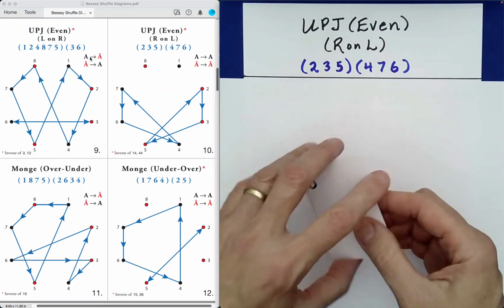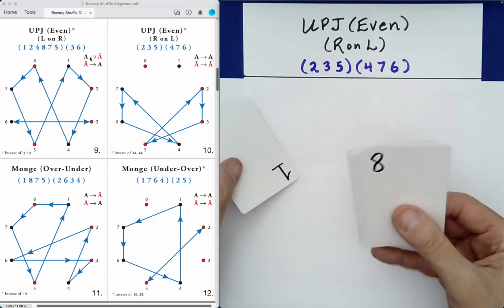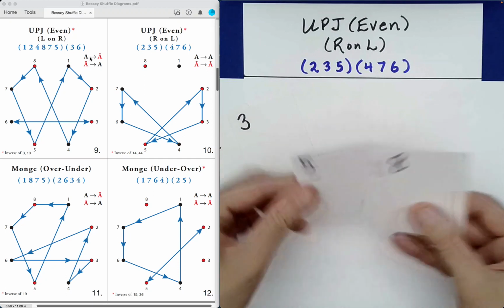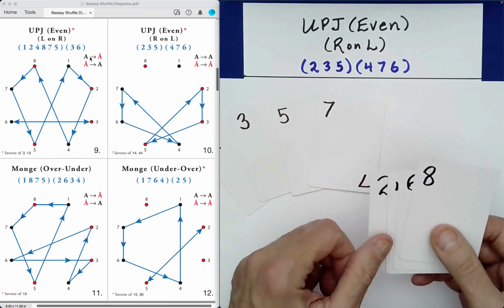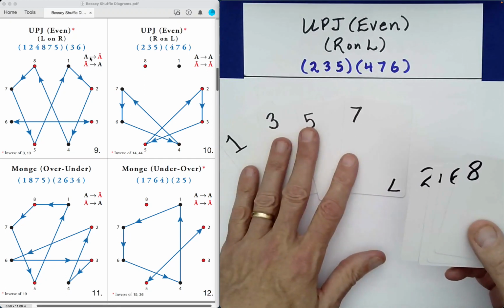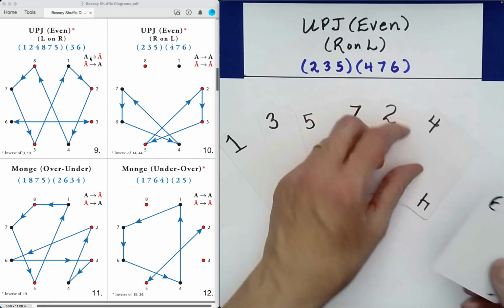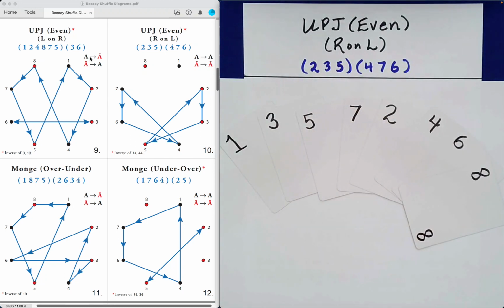Well, what does that give us for our new ordering? We get 1, 3, 5, 7, 2, 4, 6, 8. With a little bit of thought, you probably could have anticipated that. We've just switched the two halves that we had earlier after shuffle 9 was applied.